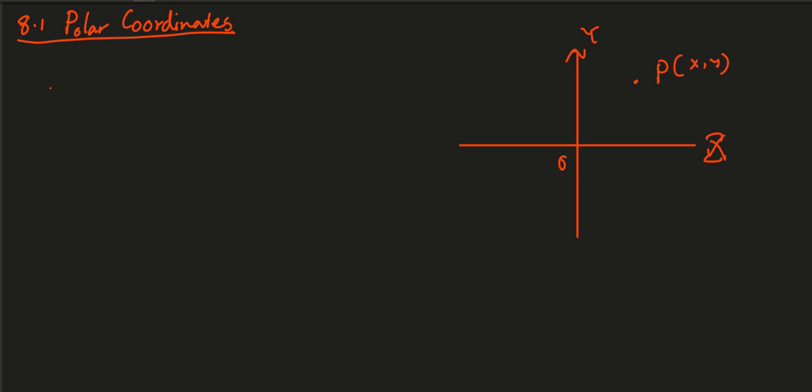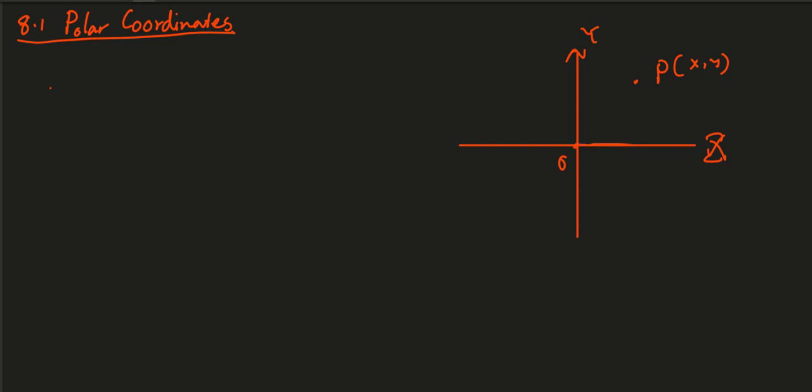So how many ways can we get to this point P if we are currently at the origin O? We can go to this point in many ways, but mainly we can go by two ways. The first one could be like this.